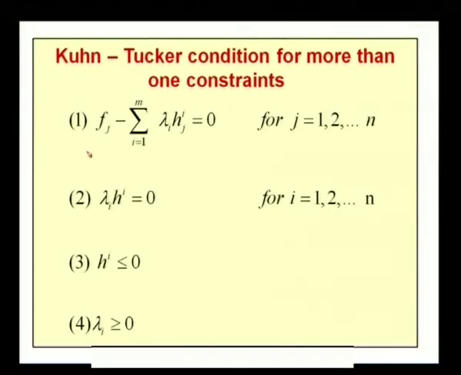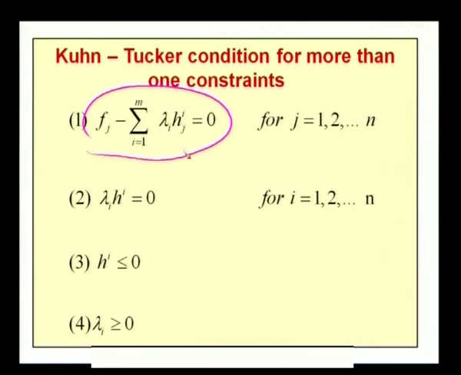So, for a nonlinear programming problem involving a single constraint, these are the necessary conditions. The next is the Kuhn-Tucker condition for a nonlinear programming problem which involves more than one inequality constraint. The corresponding condition is fj minus summation i equal to 1 to m lambda i h i j.